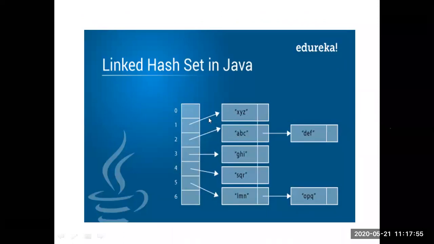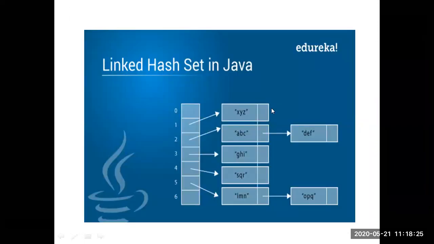For example, while we are applying the hashing function for the key 2, it has given this location. For example, the location of XYZ is 1, the location of ABC is 2, then 3, 4, 5. If you assume 1, 2, 3, 4, 5, how many buckets are available in the hash table? 5 buckets are there in the hash table.